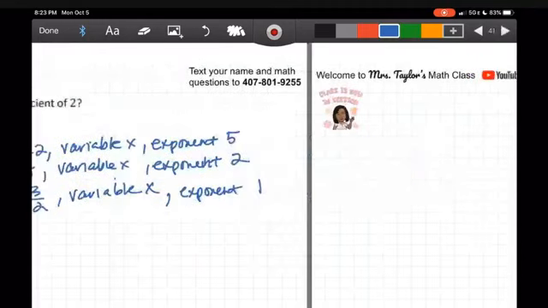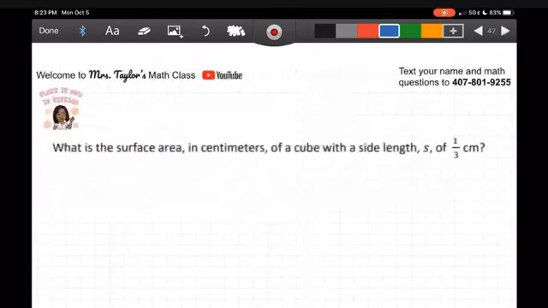So here it says, what is the surface area in centimeters of a cube with a side length S of 1/3 centimeter? So a cube, one thing we should know about a cube, it's like a Rubik's Cube. All the sides of the cube are going to be of equal length.